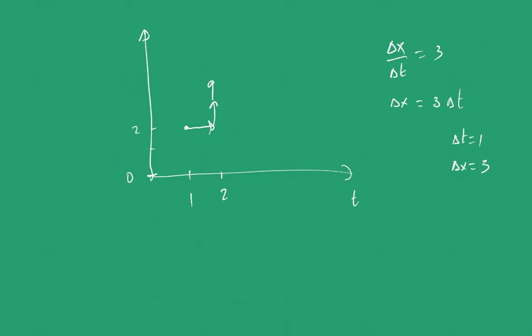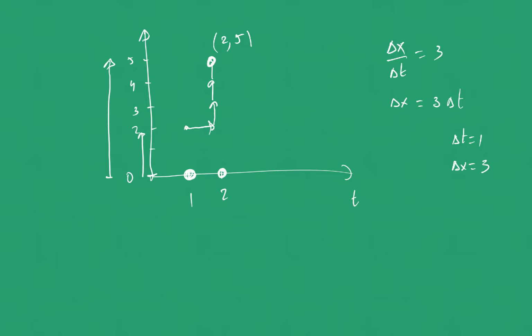Now I am at the position 5. So I was initially at the position 2 at this time, and now at this time, I'm at the position x equal 5. So I'm here at the point 2, 5.